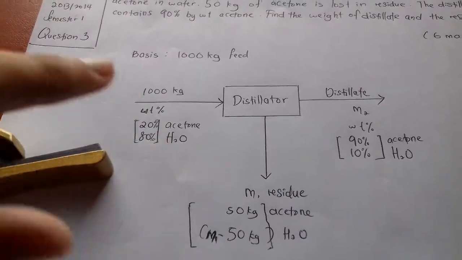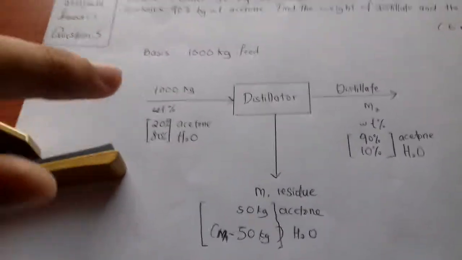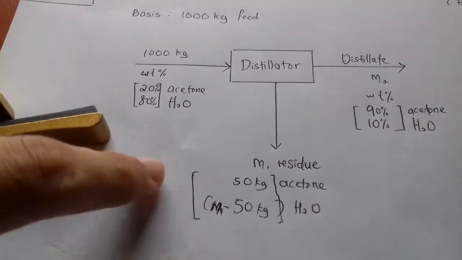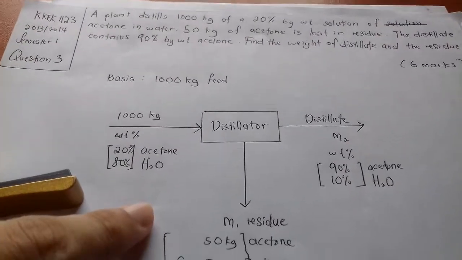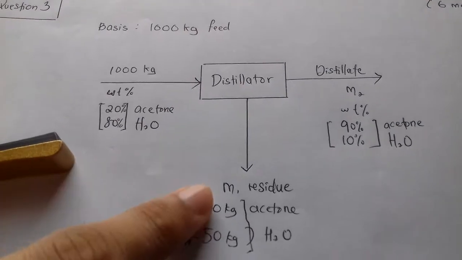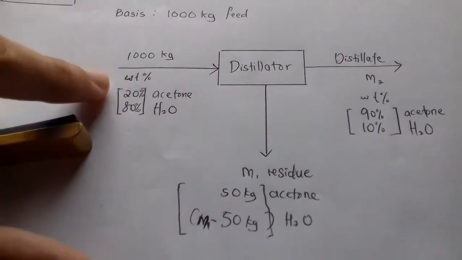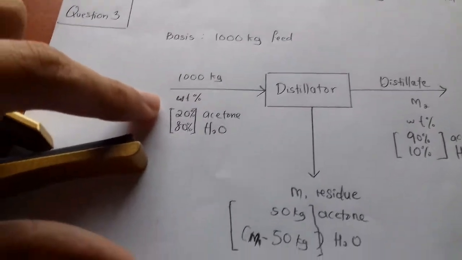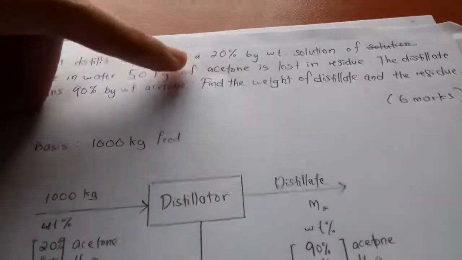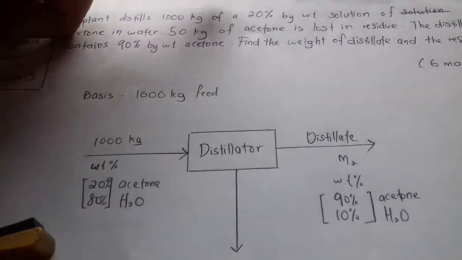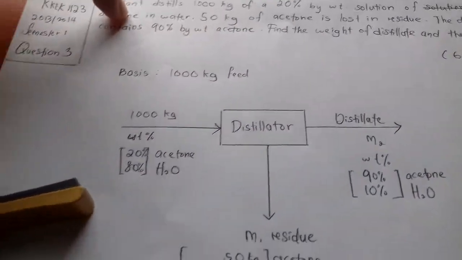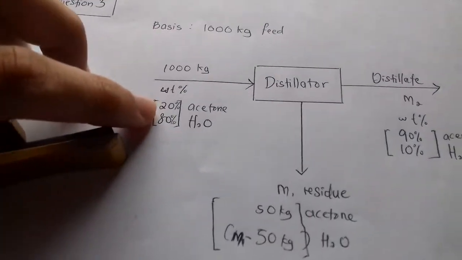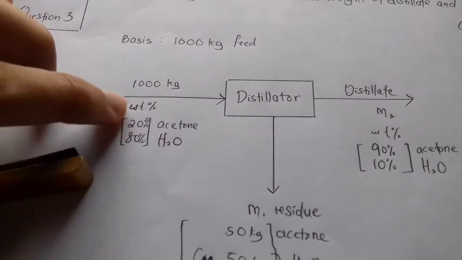So I started by drawing a diagram for this process. At the feed we have 1000 kgs, and from the information given, 20% of acetone, so that leaves us with 80% water by weight.